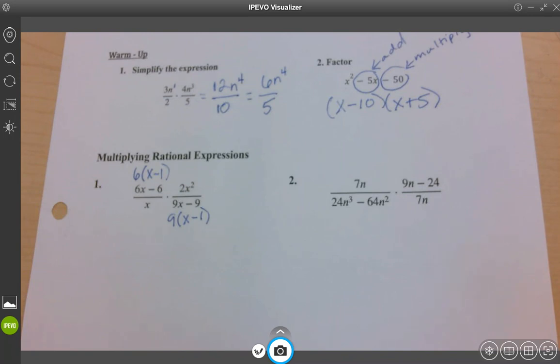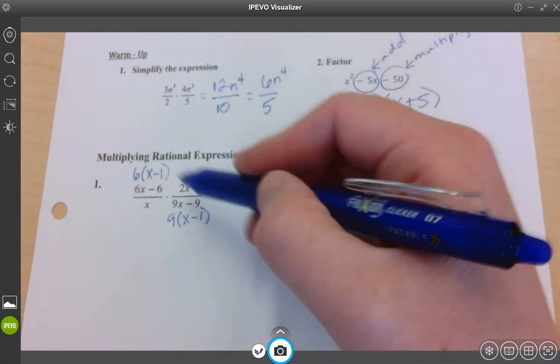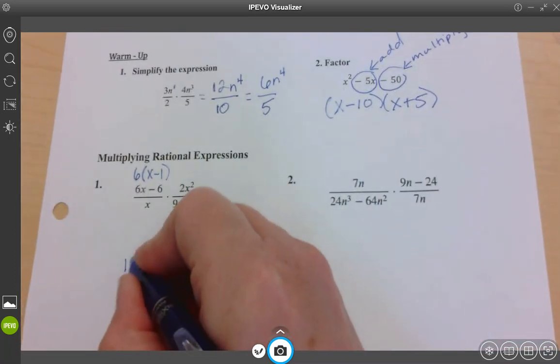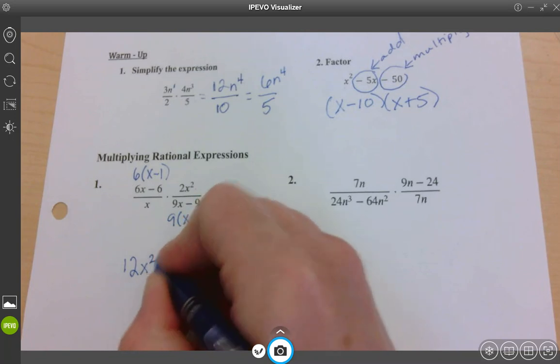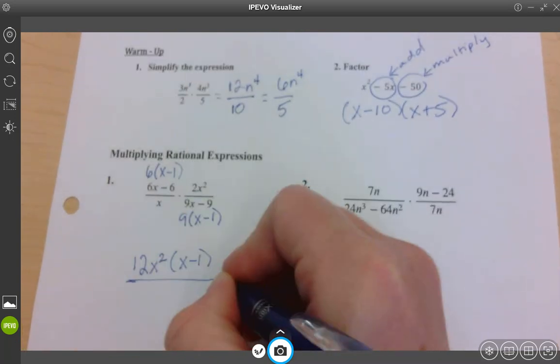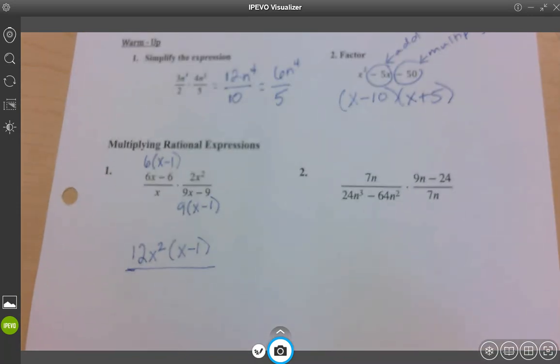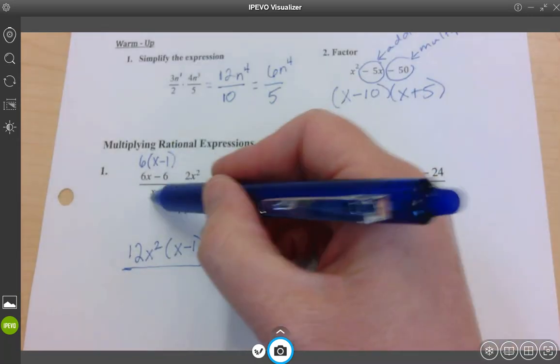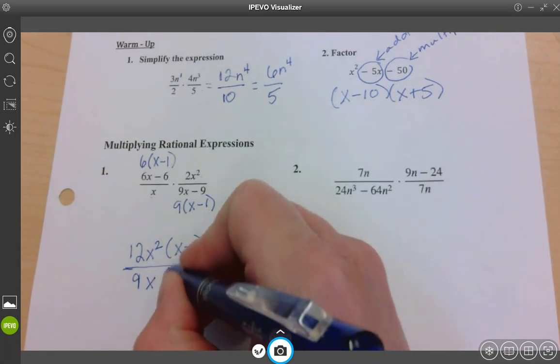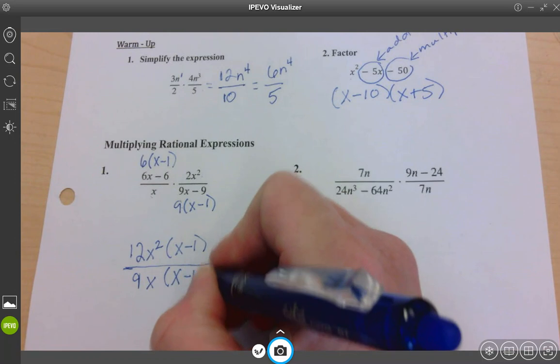Now, when I multiply across, I'm going to be multiplying the 2x squared times the 6 to get 12x squared, and I still have the x minus 1 on the top. And then I'm going to multiply the x times the 9 to get 9x. And I have an x minus 1.